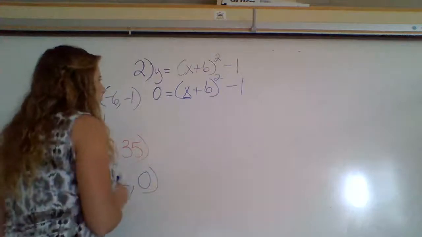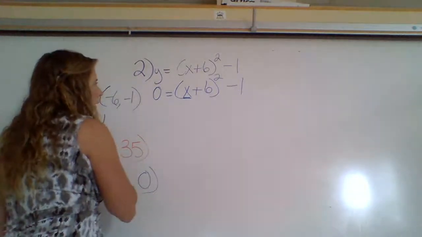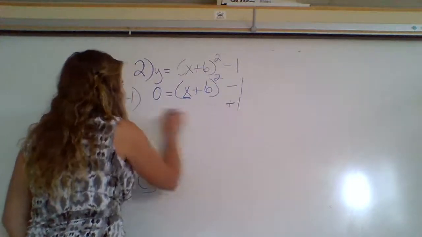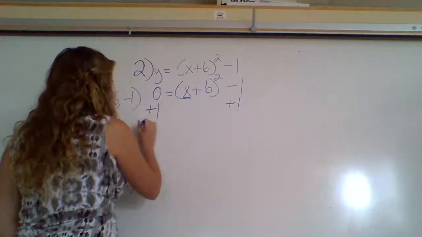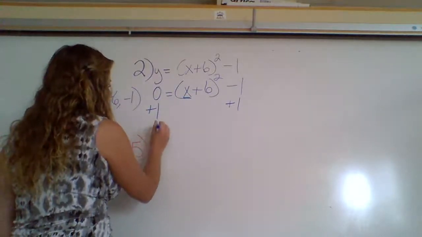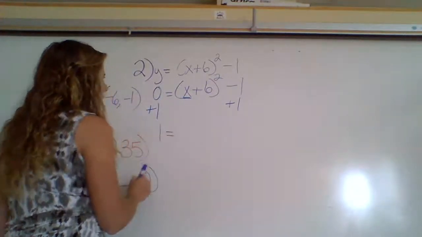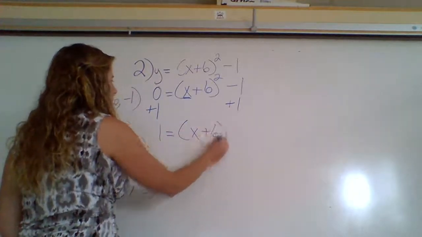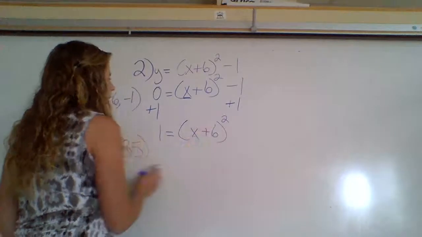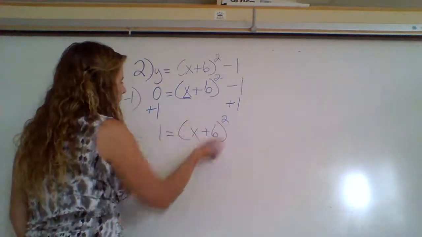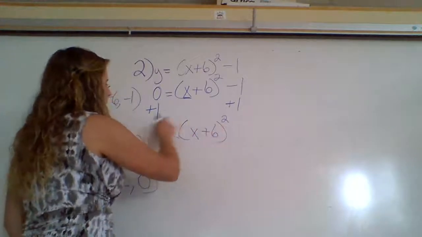First things first, I'm going to get rid of this, so I'm going to add 1 to both sides. 0 plus 1 is just 1. We haven't done anything to (x plus 6) squared, so just rewrite it. Negative 1 plus 1 is 0, so that's gone.